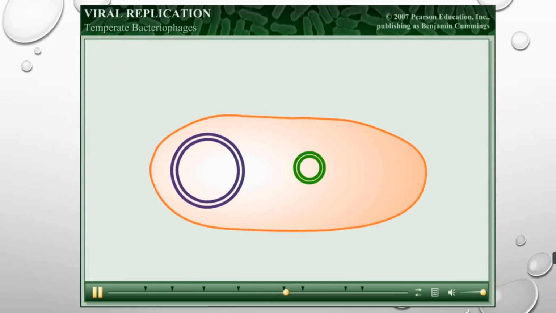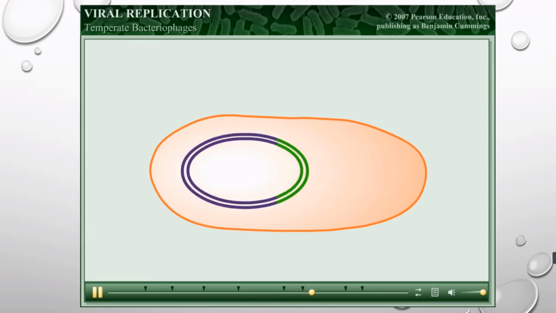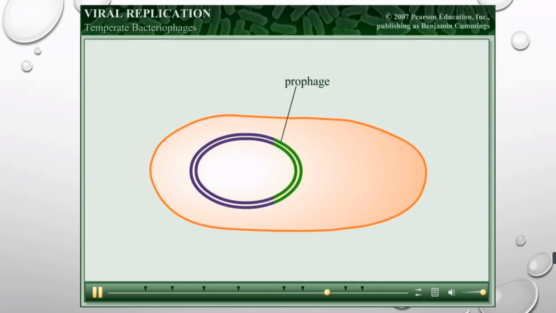Recall that temperate phages can proceed either to the lytic cycle or the lysogenic cycle shortly after penetration. In the lysogenic cycle, the phage DNA integrates within the bacterial chromosome by recombination. The inserted phage DNA is called a prophage. Most of the phage proteins are repressed by two repressor proteins that are products of the phage genes.